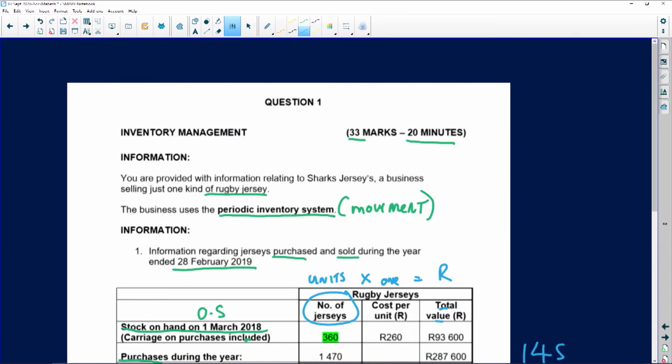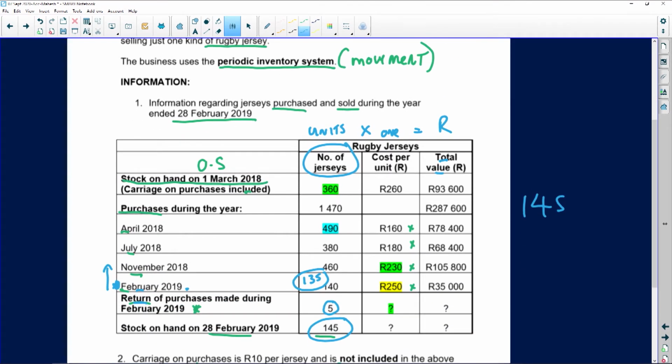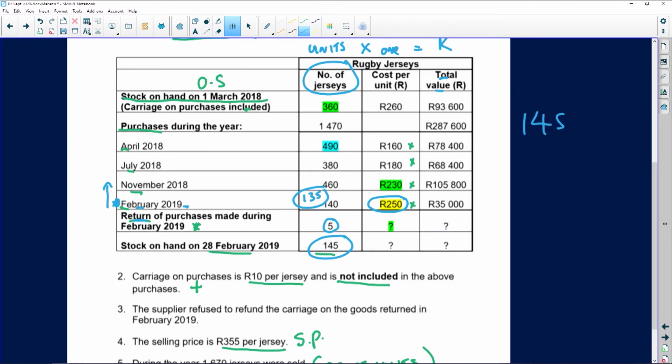So let's go back to our table. In the month of February, the jerseys were purchased at 250 Rand. Remember that 250 is our cost price. However, for each jersey purchased, we also had to pay 10 Rand carriage.